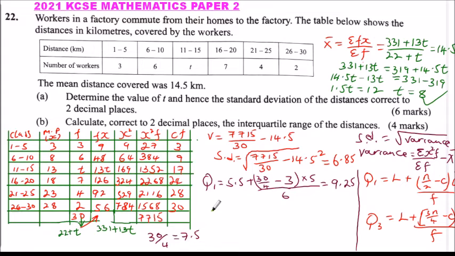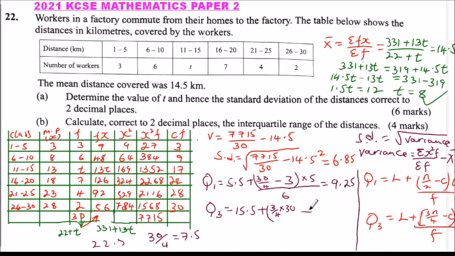Okay. Then we get to Q3. We say if you multiply 7.5 times 3, you get 22.5. 22.5 lies in this particular class of 16 to 20. You can see here we have 17. So the lower class limit of this is 15.5 plus 3 over 4 multiplied by 30, where n is the total number of frequency.